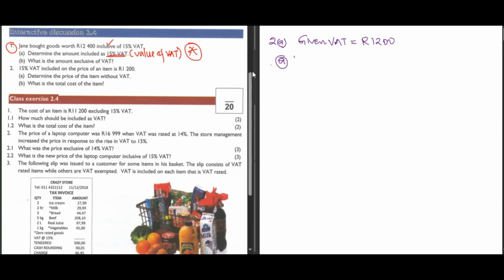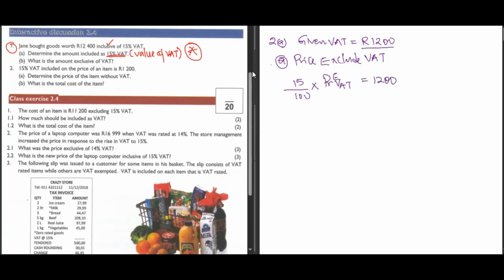So question A, what does it want you to do? A wants you to give us the price excluding VAT. So we only have VAT. So you ask yourself, how did they get the VAT? In other words, they took 15 over 100 times the price without VAT, the price excluding VAT, and got their answer as 1,200.